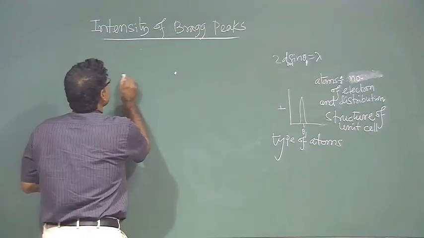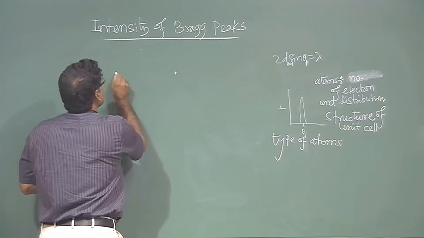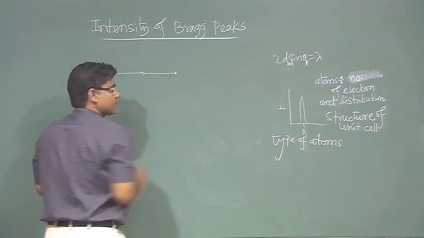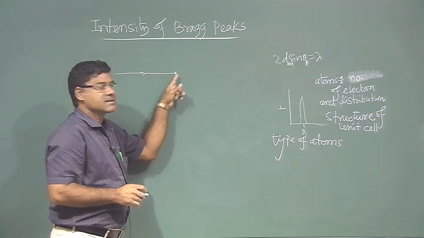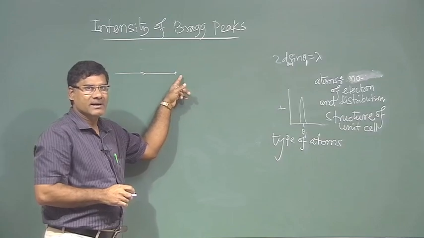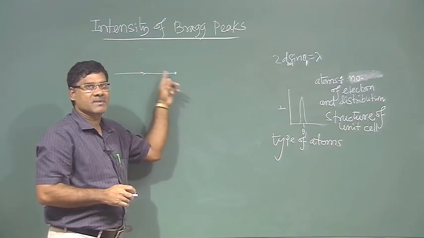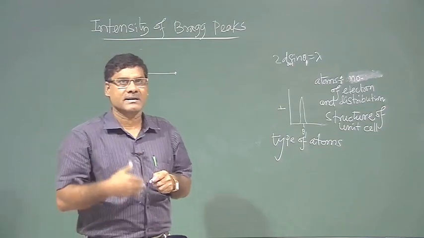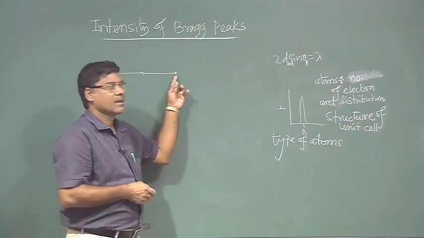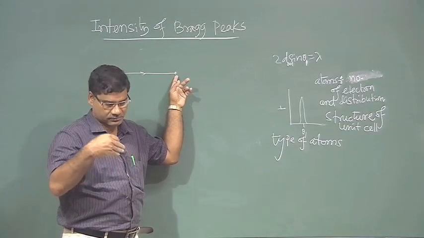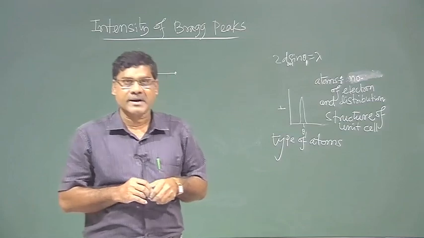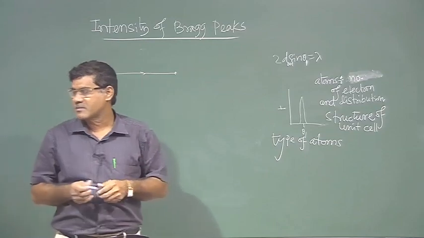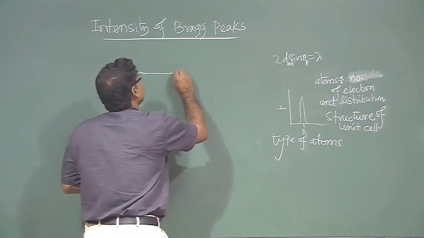So, now the incident X-ray is falling on it, and this electron will oscillate with the same frequency as the X-ray. The charge is oscillating, meaning accelerating and decelerating, and because of that it will emit radiation of the same frequency or wavelength, okay, but in all directions.